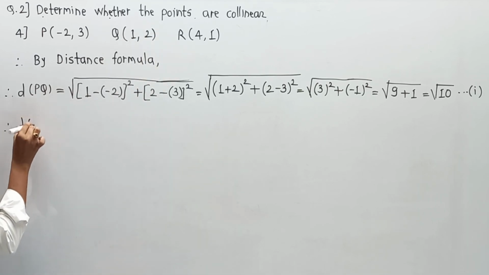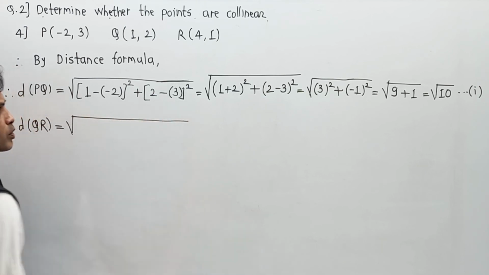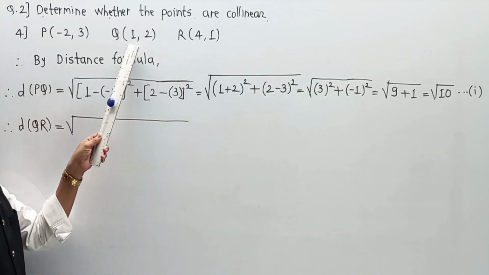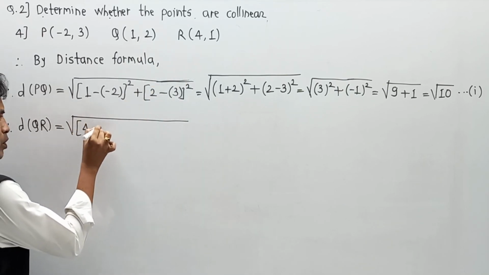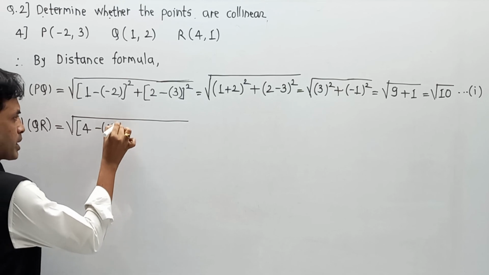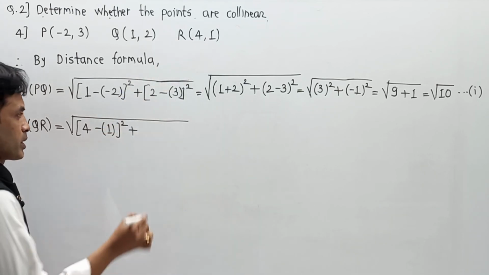Therefore distance QR is equal to under root of (x2 minus x1), meaning (4 minus 1) square plus (y2 minus y1), meaning (1 minus 2) square.